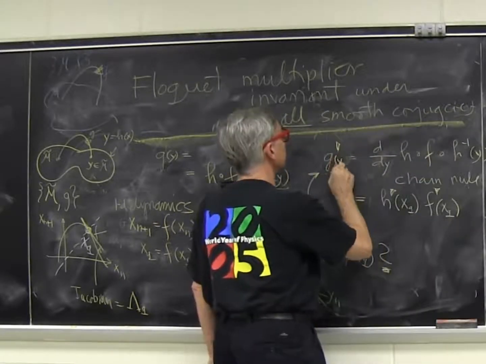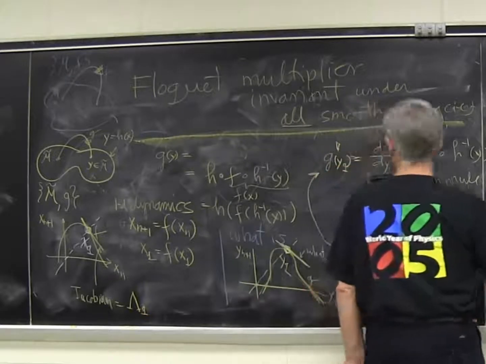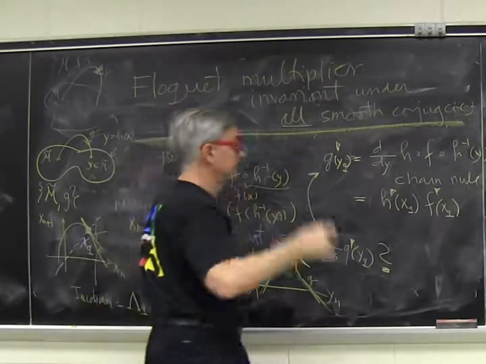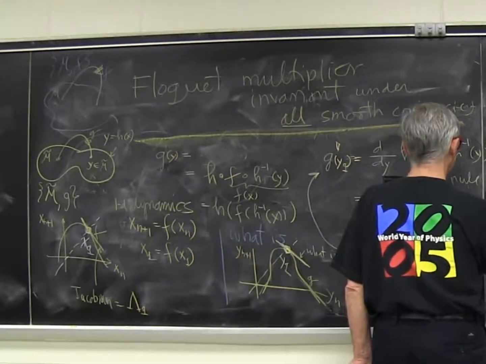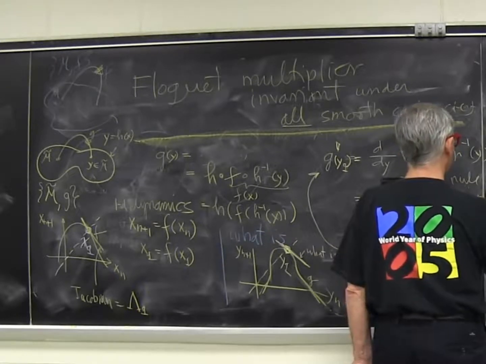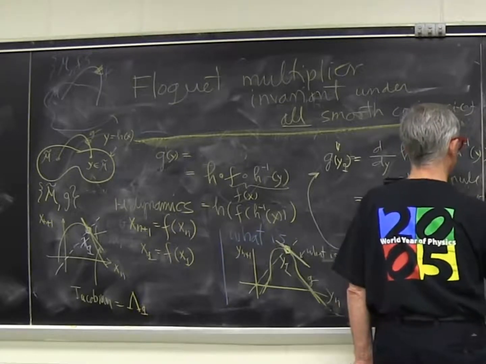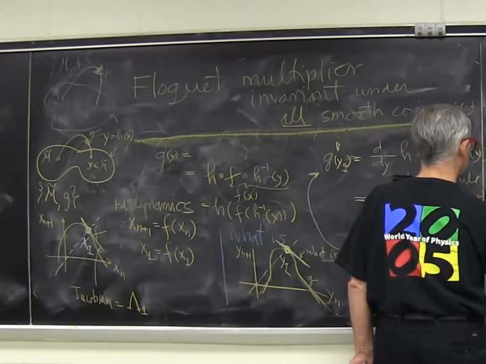And I want to evaluate this at a new point. And then I have to take the derivative of d dy of h minus 1 and evaluate at y Q.